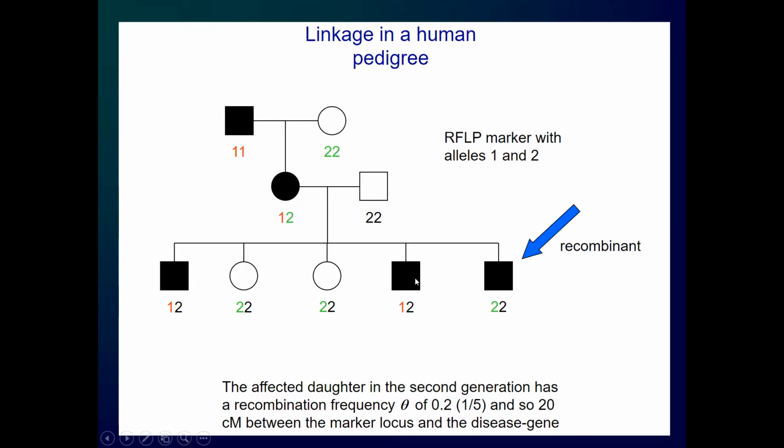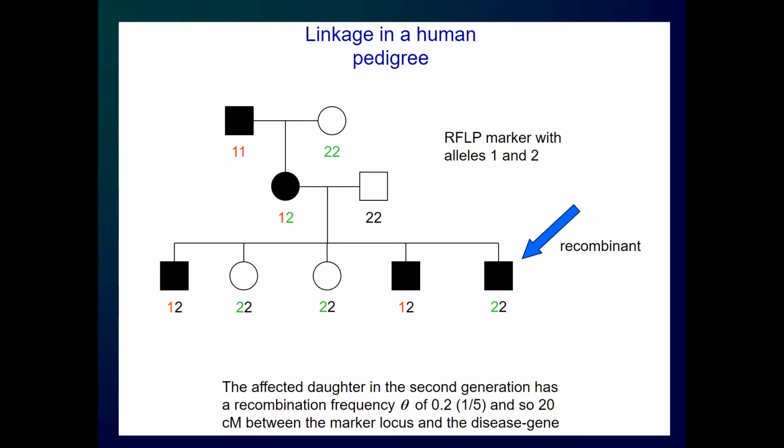If we did a third family, maybe because each event is independent from one another, maybe they had one child, and let's assume that the child had the genotype homozygous for allele 2, but affected.